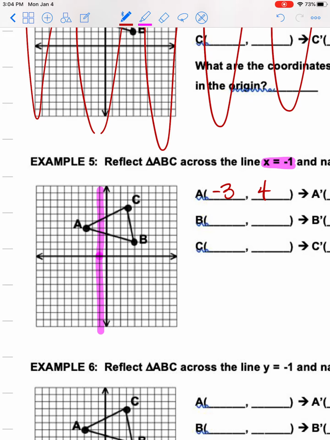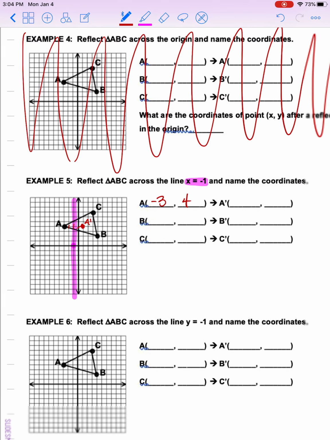I also see that point A is 2 steps away from the highlighted line where x equals negative 1. So if it's 2 to the left, I'm going to go 2 to the right and know that A prime goes right there. And so A prime would be at 1, 4.